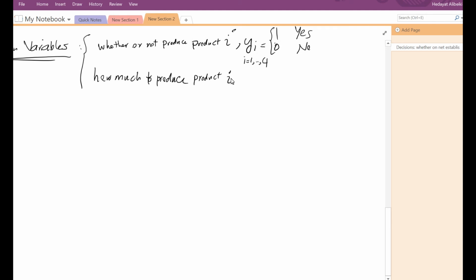Let's show it with xi, and xi can be any non-negative number, where i is 1, 2, 3, and 4.